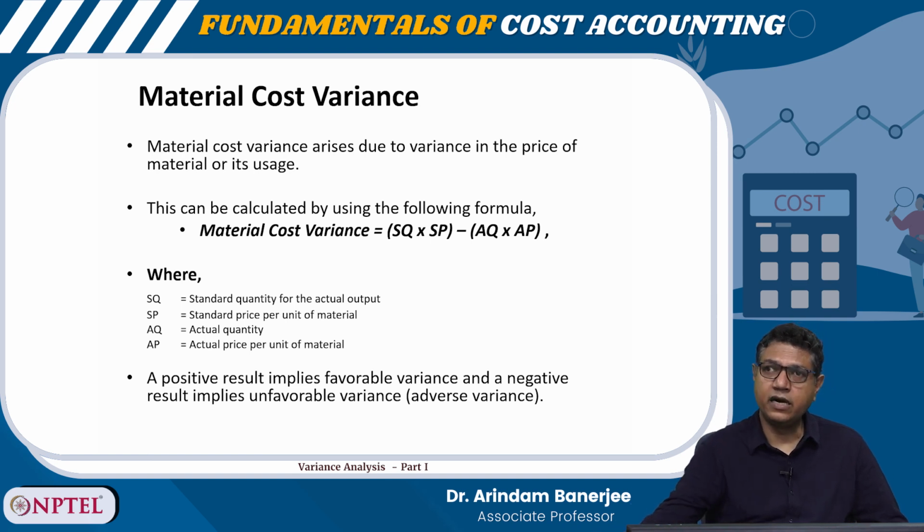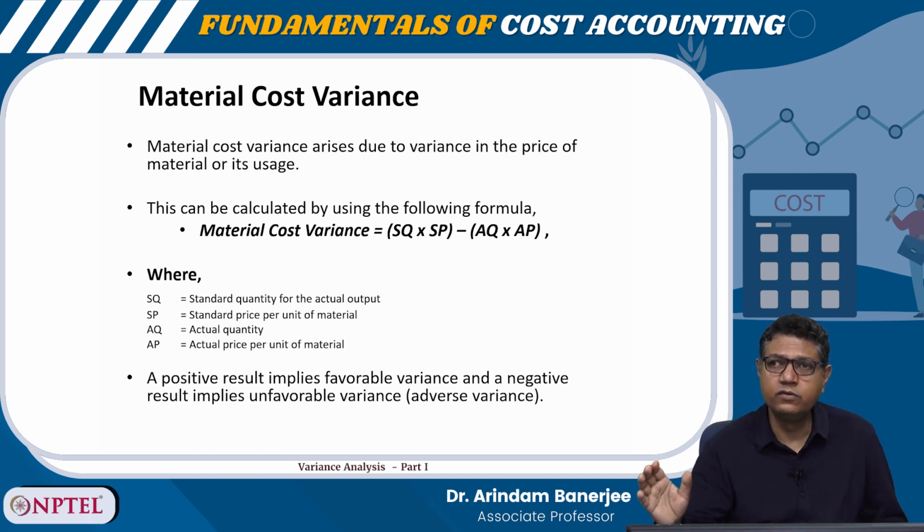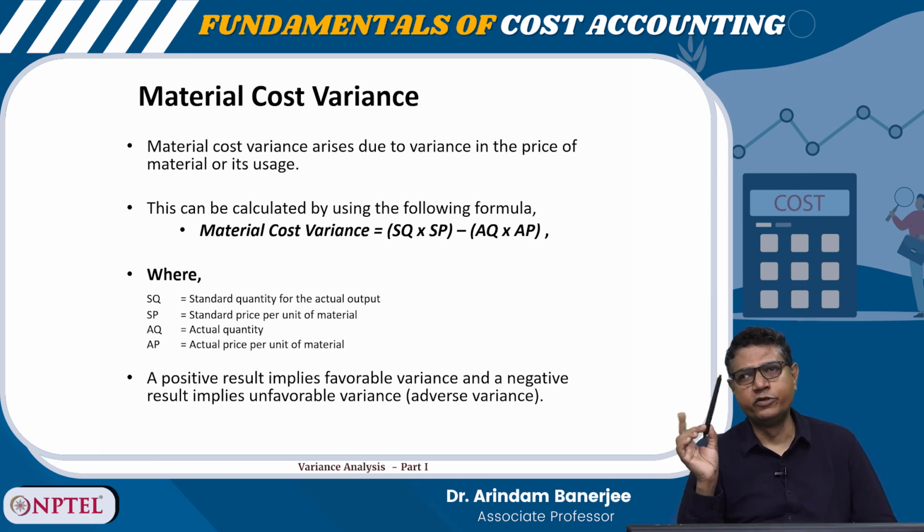Now, that is my standard, I estimated. Now I have started actually producing this pen. When I went to market for procuring plastic granules, I found that the price has increased.